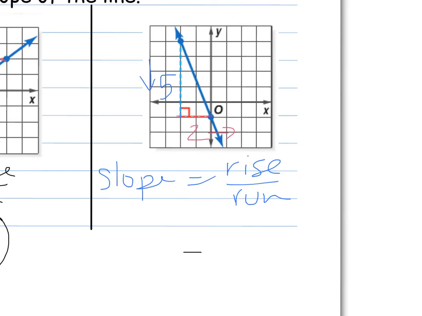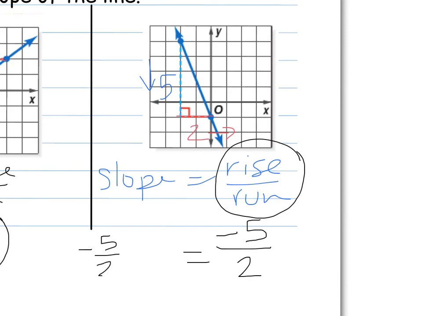So if I write my rise, that was a down, which is a -5, to the right 2, which is a +2. So I write my slope as -5/2. When you're talking about slope, since it is rise over run, you do not simplify slope, and you would leave it as a -5/2.